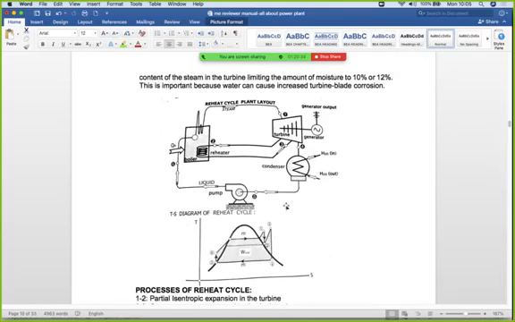So where is the reheat? So this one. You put another stage here. Instead of throwing all the moisture here at point 4 for expansion, it bypasses and goes inside the reheater, at points 1 and 2.